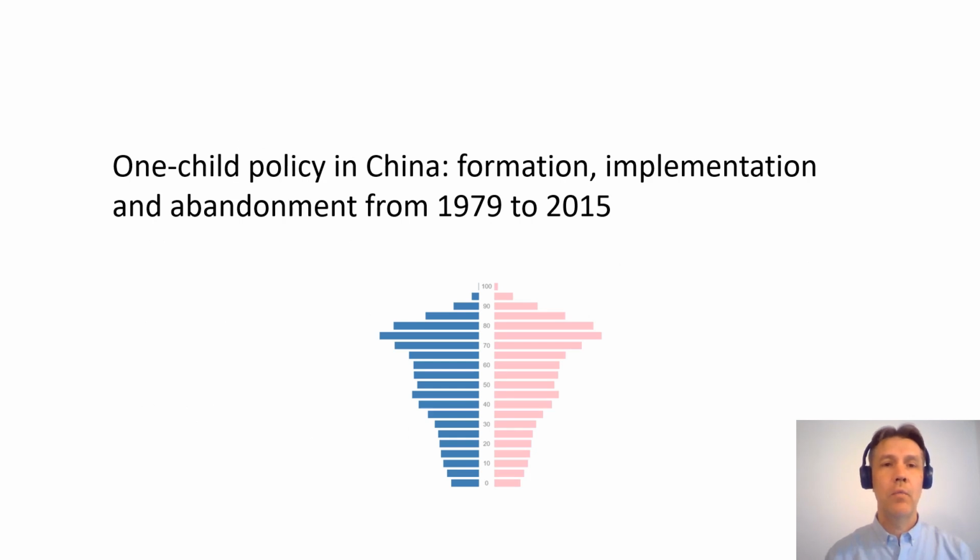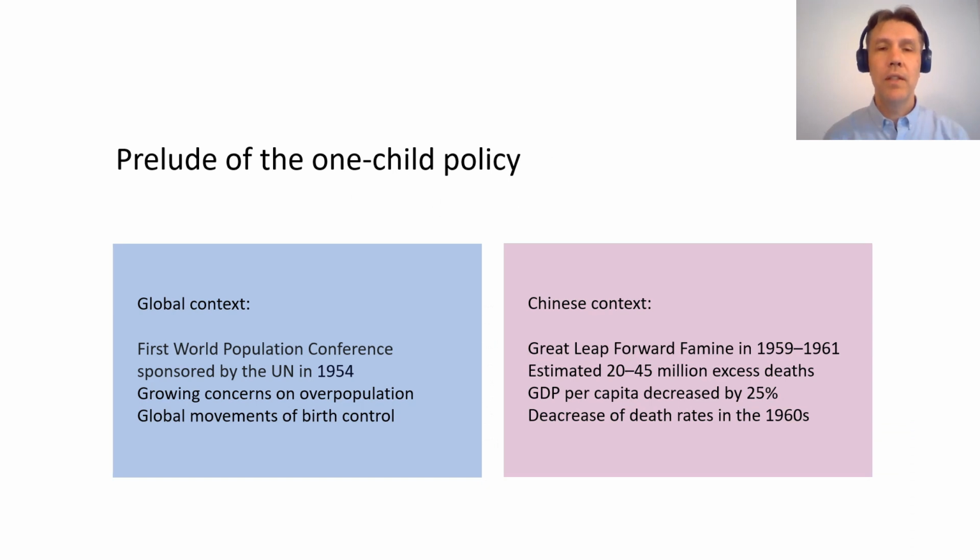So let us start from the one-child policy that was enforced in China from around 1979 till 2015. It is important to understand the context where the one-child policy formed in China. First of all, the world population growth started to accelerate.